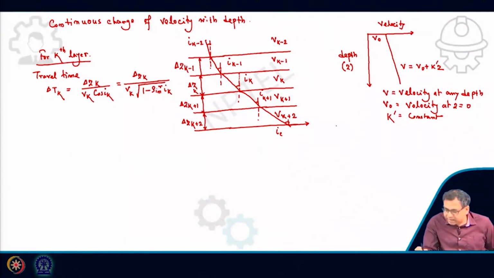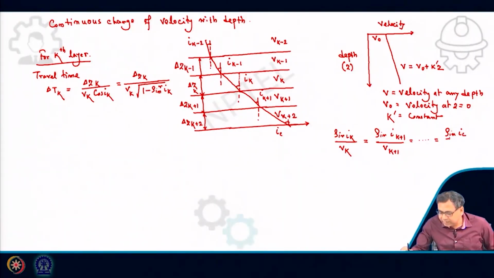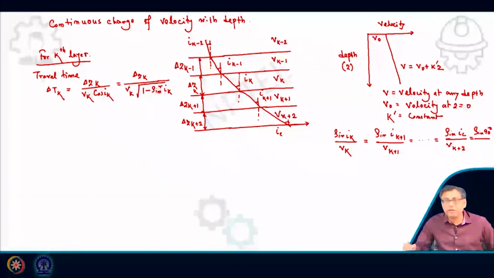Similarly, again I can write that sin Ik divided by Vk is equal to sin Ik plus 1 divided by Vk plus 1, and so on, and that will be equal to the last layer, that is sin IC divided by Vk plus 2, and that will be sin 90 degrees divided by, now this I can write as V max.